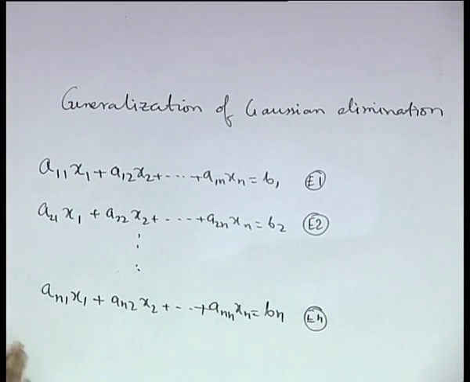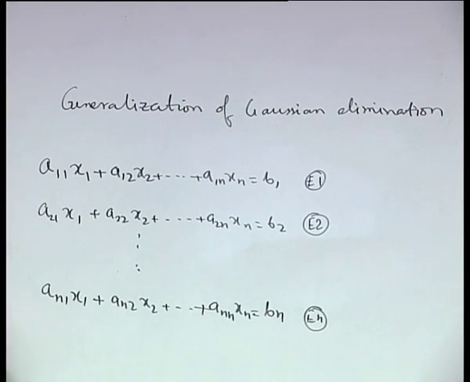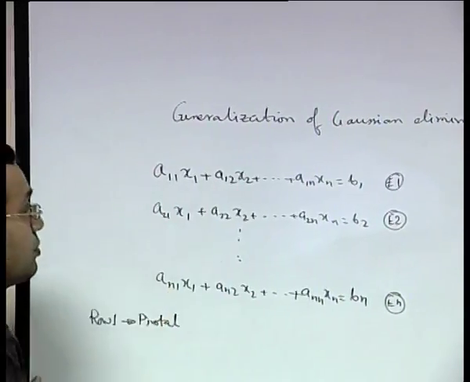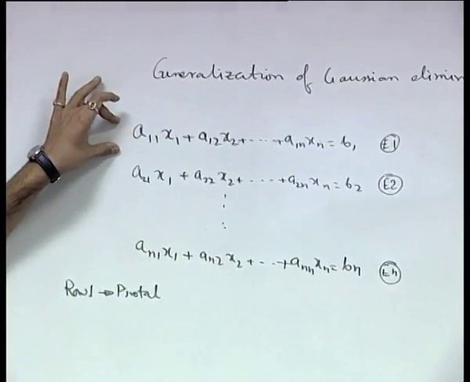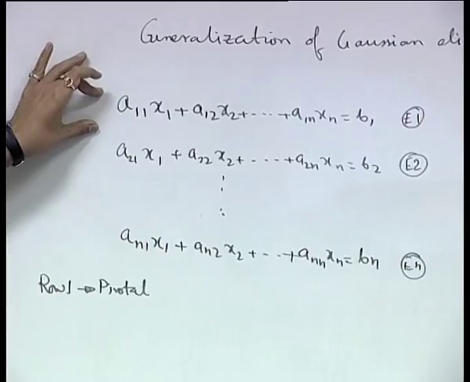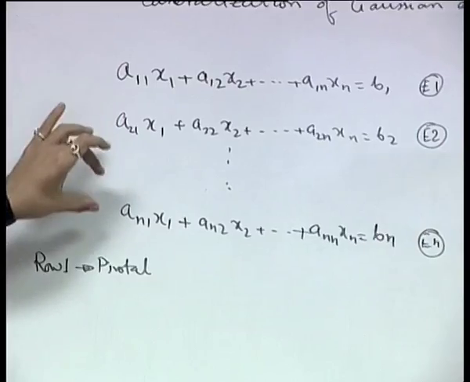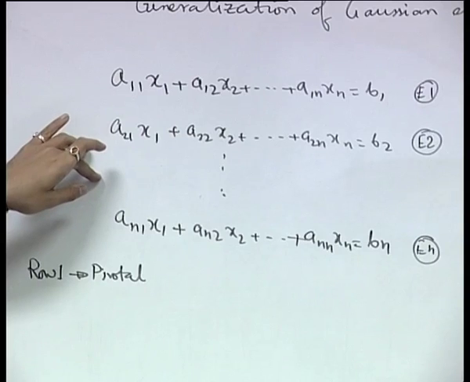So what we first make? We first make the first row as the pivotal row. So row 1 pivotal row. Then using row 1 as the pivotal row, we will eliminate all the terms which are there in the column of the diagonal element corresponding to row 1 below the diagonal.